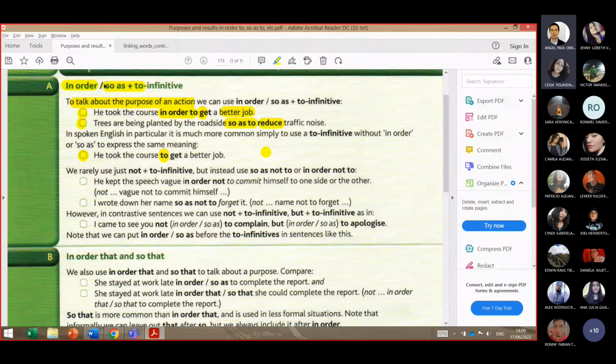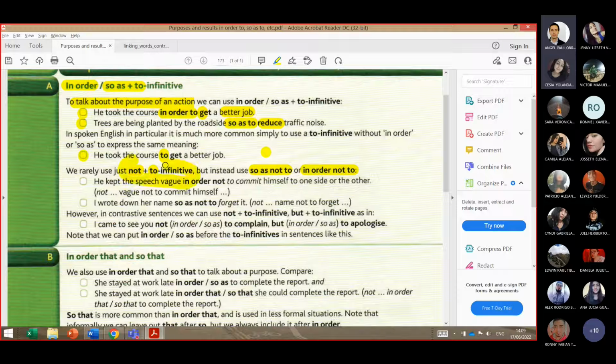Ya, entonces, como dijimos, los dos, in order to and so as to, expresan purpose, un propósito, ¿no? Yeah, we rarely use not to plus the infinitive. Dice que es raro utilizar este not plus the to infinitive, ¿ok? Y en vez de esto, es más común utilizar el so as not to o in order not to.